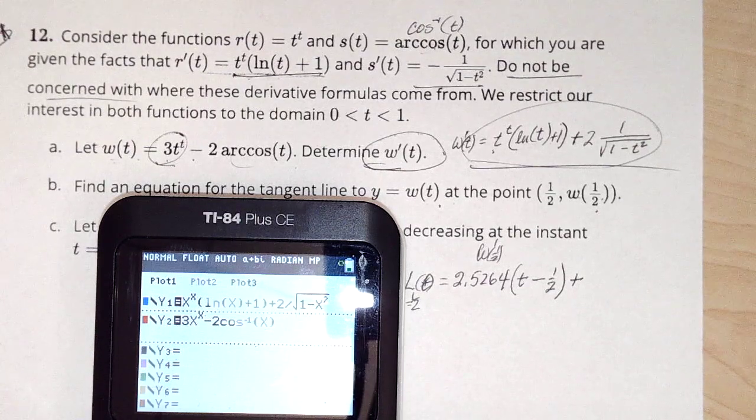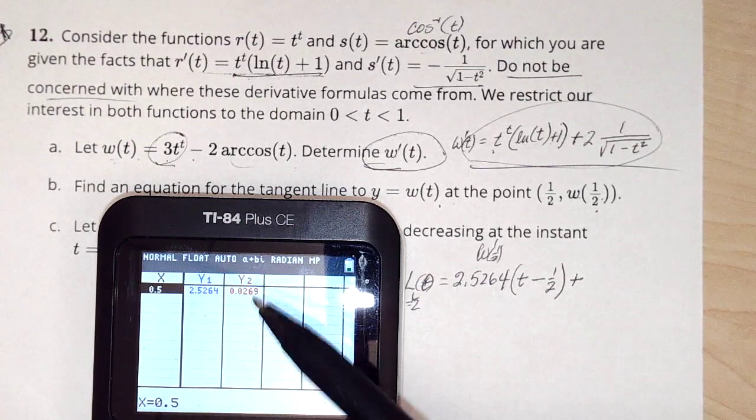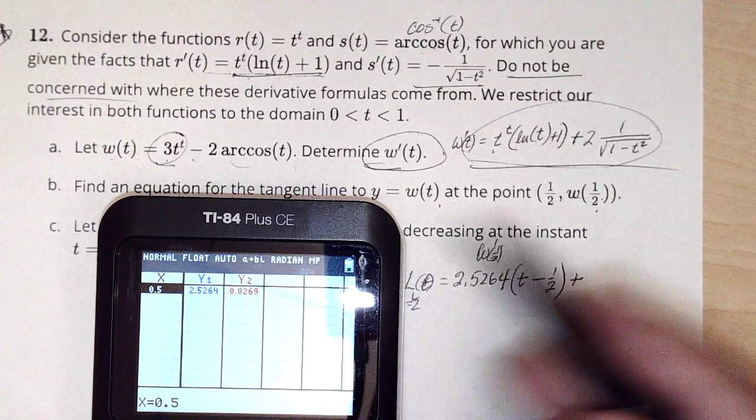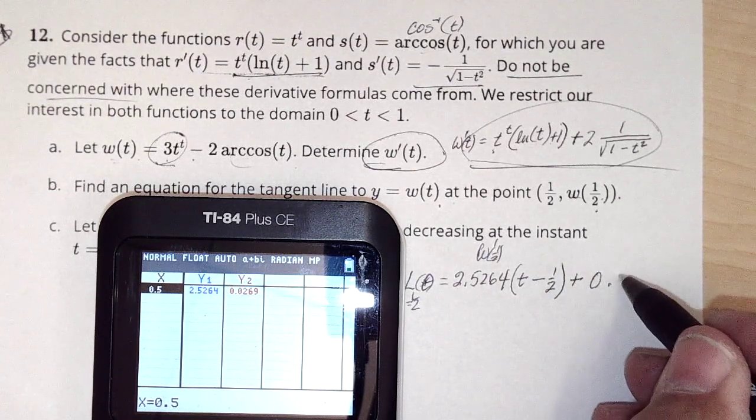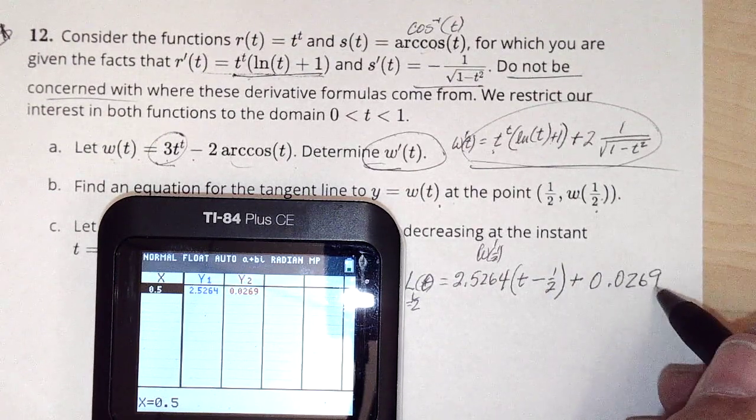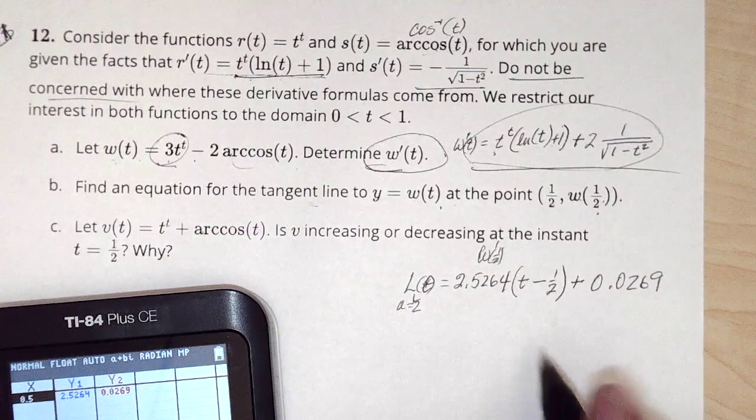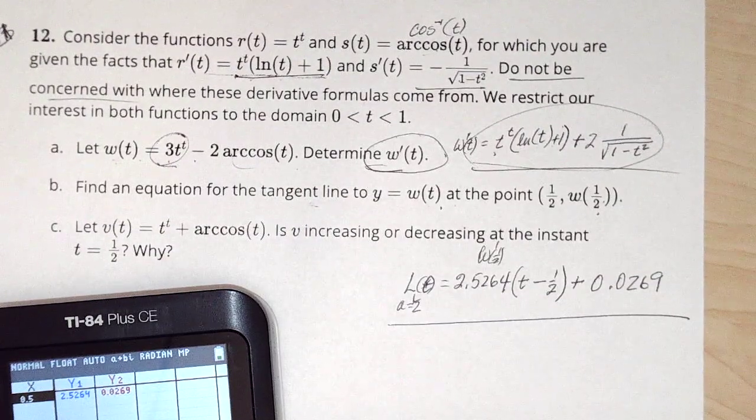And back to my table, 0.5 into that is 0.0269. So that is the equation of the tangent line.